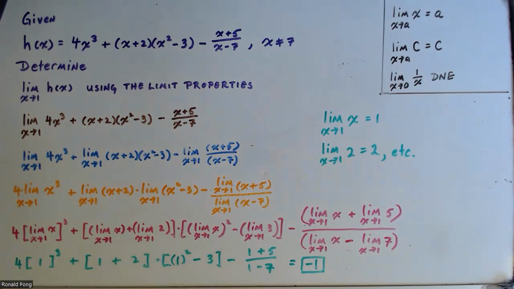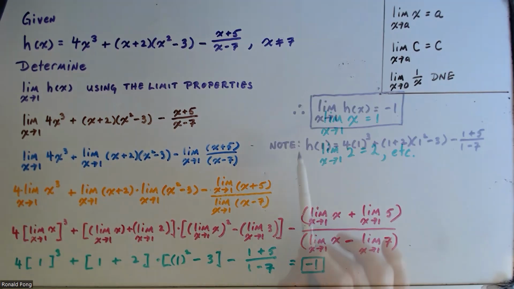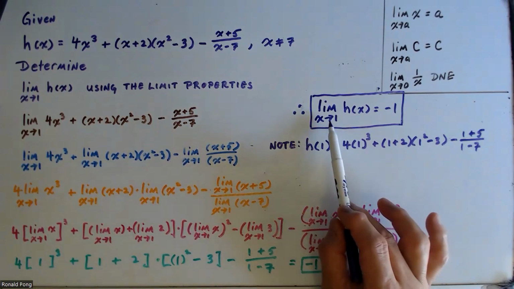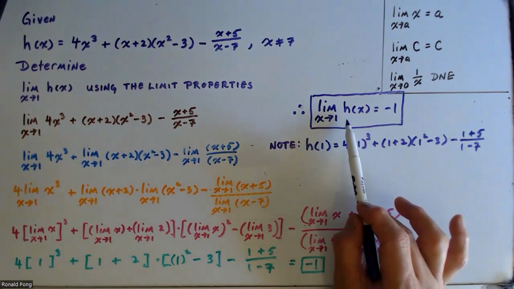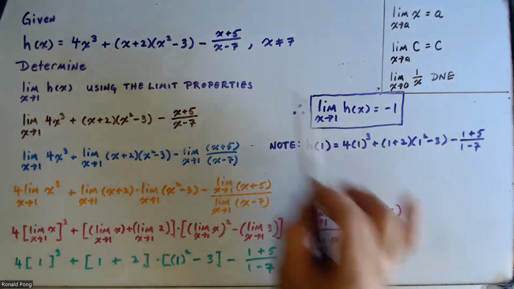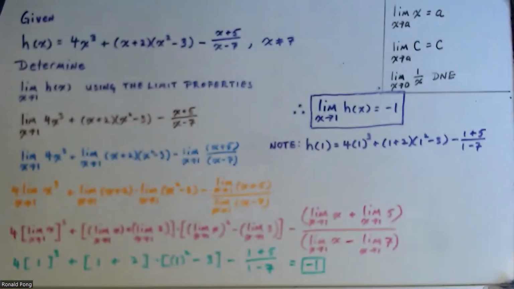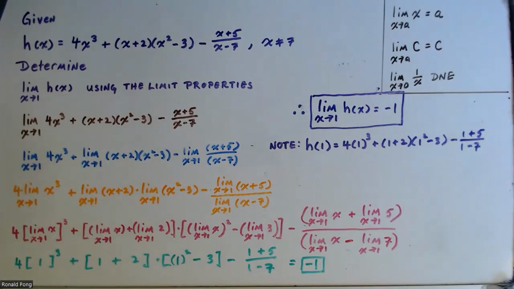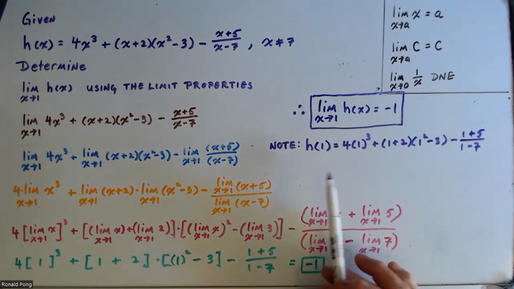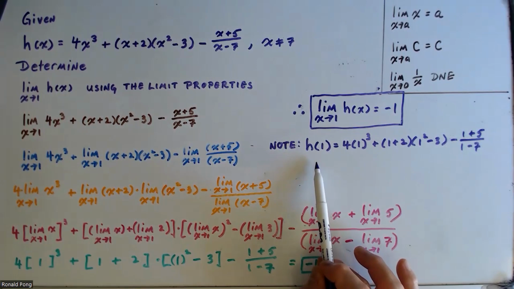If we do this arithmetic, what we arrive at is that this whole thing equals -1. Therefore, we could write that the limit as x approaches 1 of the function h of x as defined here is equal to -1.